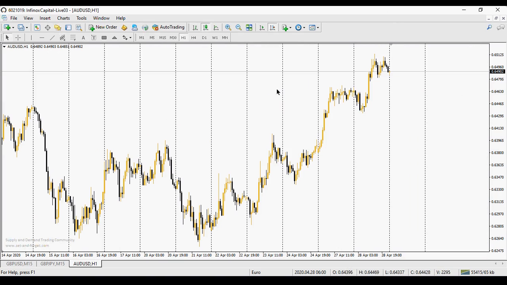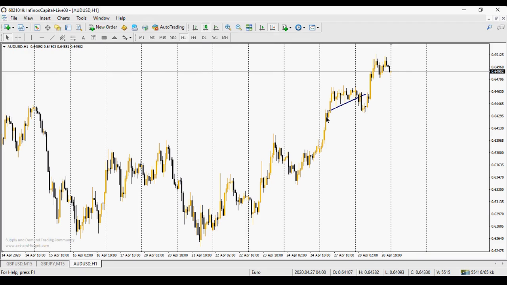This is what happened yesterday. It gave us a reversal pattern. It actually dropped, but it didn't pass this level of resistance.